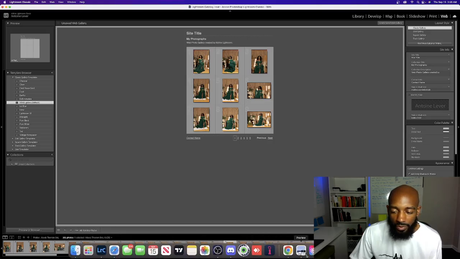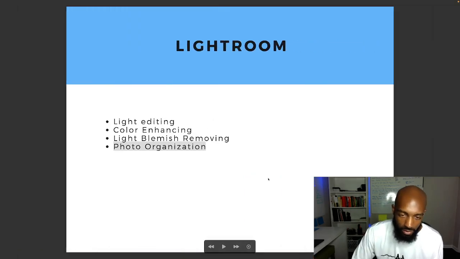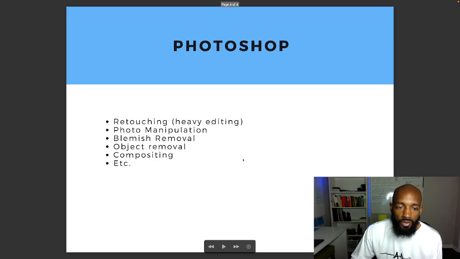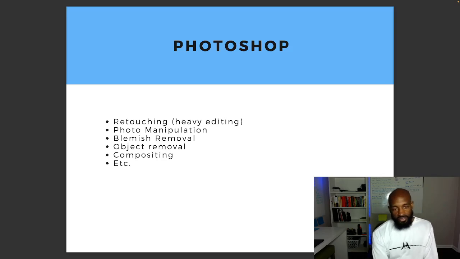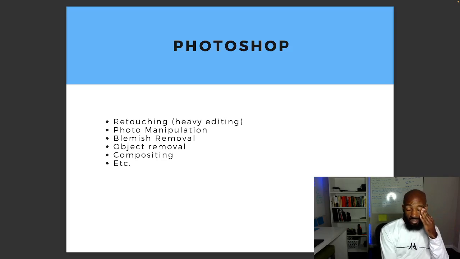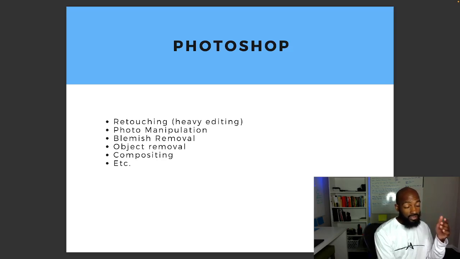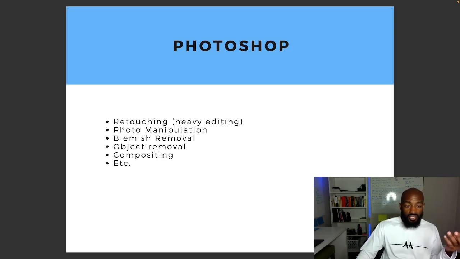We're gonna go back to the presentation real quick. Oh wow. Photoshop. So Photoshop, this is more heavy retouching. When you hear the word retouch, you're thinking about photo manipulation.